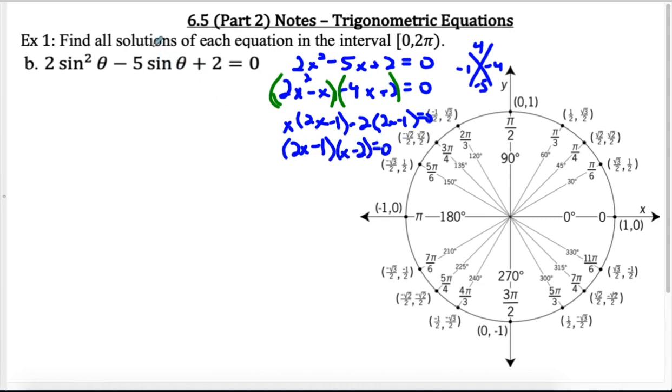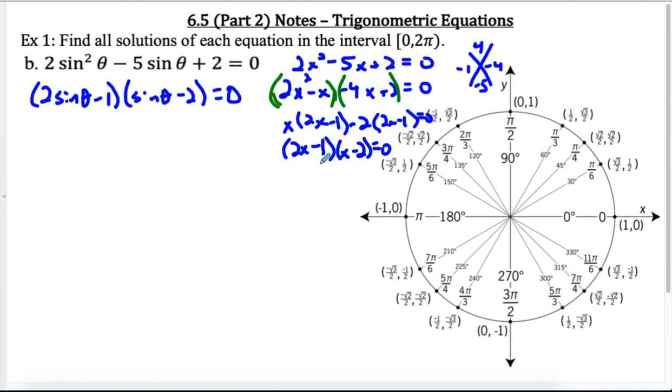So that's where we would pick up here, okay? This would factor into 2 sine of theta minus 1 times sine of theta minus 2. Okay, when we did this factoring, all we did was replace sine with x.